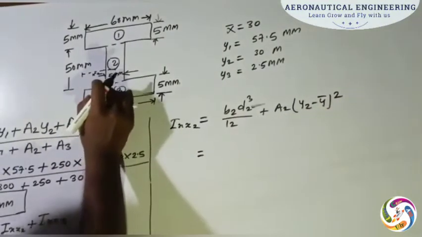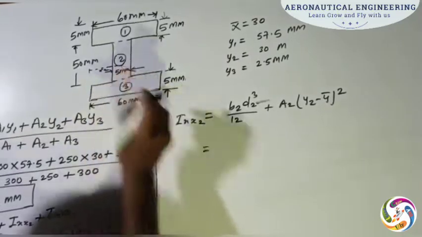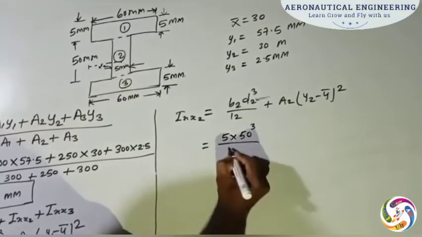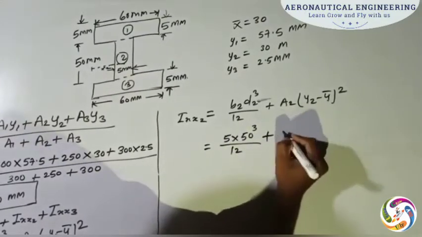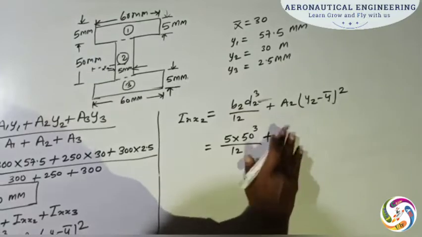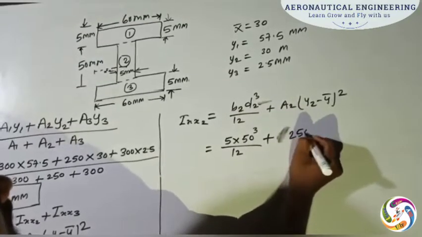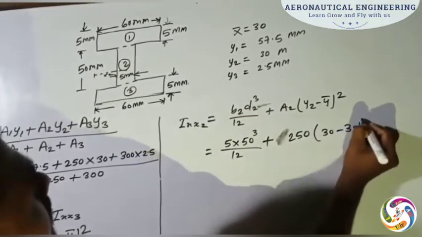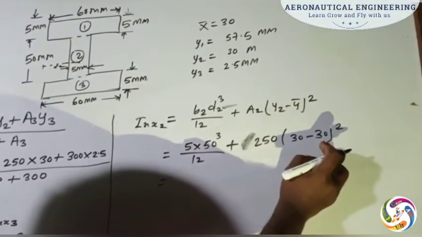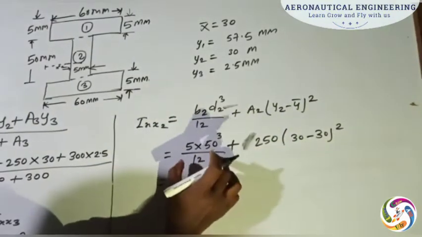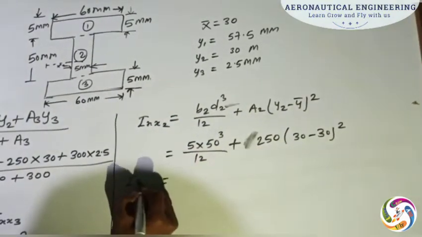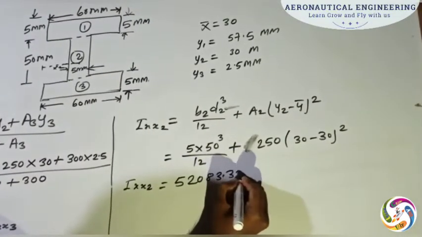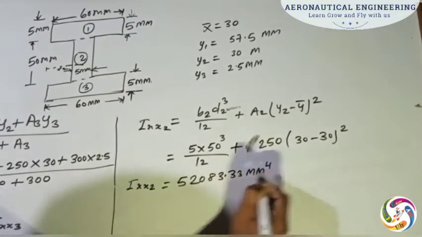For the second section, b2 value is 5, d2 value is 15, all cube, by 12, plus A2 value is 250, y2 value is 30 minus y bar is also 30, all square. So this 30 minus 30 portion became 0. Now if we calculate this, we get Ixx2 value 52083.33 mm power 4.